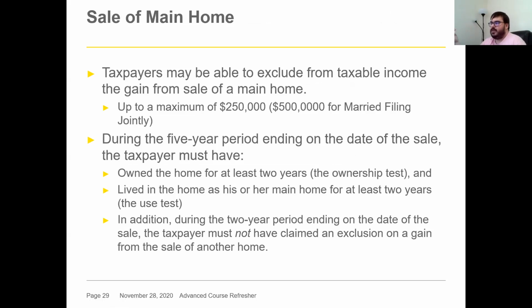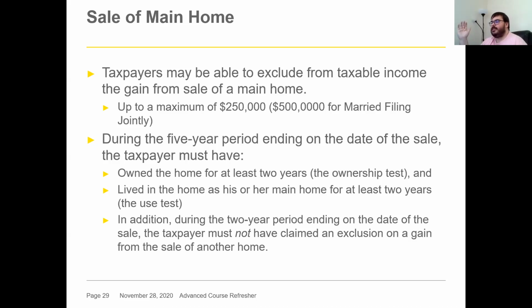Taxpayers can exclude any gains from the sale of a house if it was their primary home, up to $250,000 if they're filing single or any other filing status, or $500,000 if they're married filing jointly.